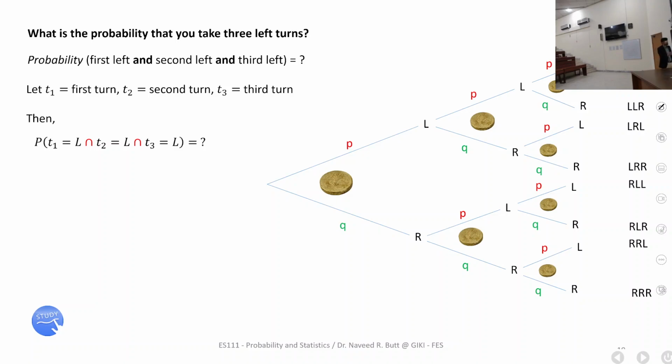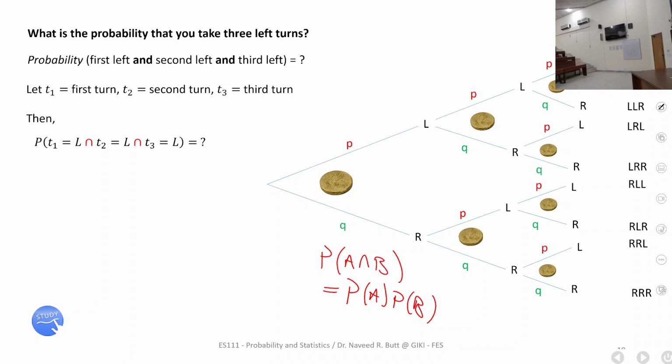If you remember, we have been talking about independence, saying that if A and B are independent, then probability A and B can be written how? It's separable.